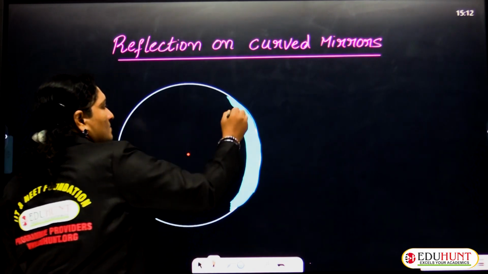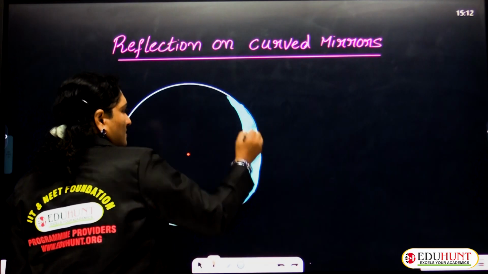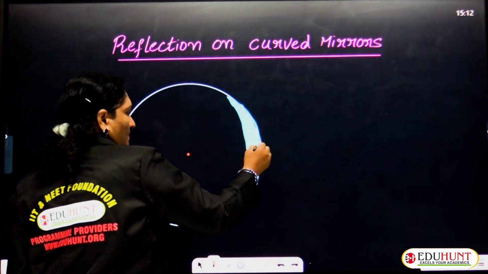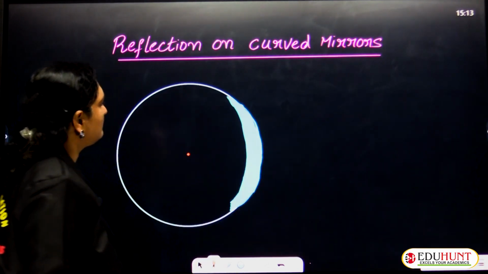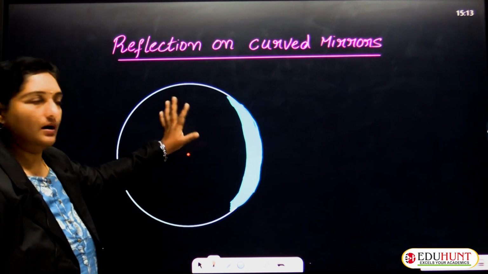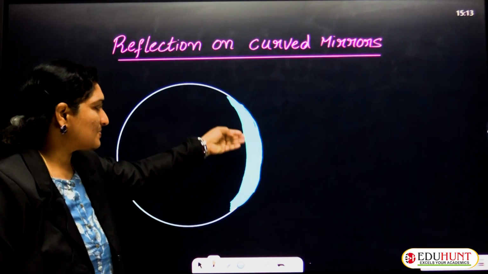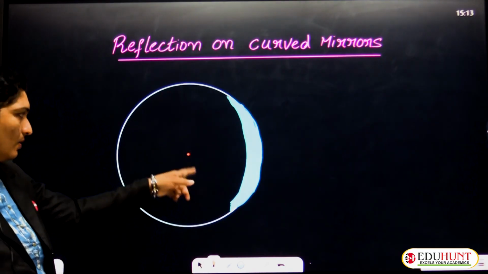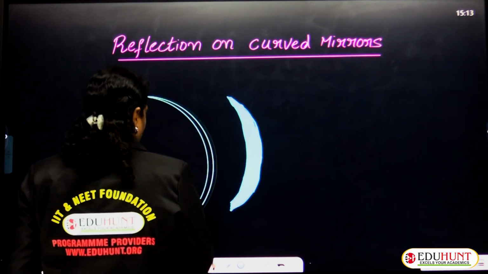Yes, a small portion of this mirror is being cut as shown in the picture. So, this is a hollow sphere made of glass, out of which a small portion is being cut. Now let us focus only on that small part.